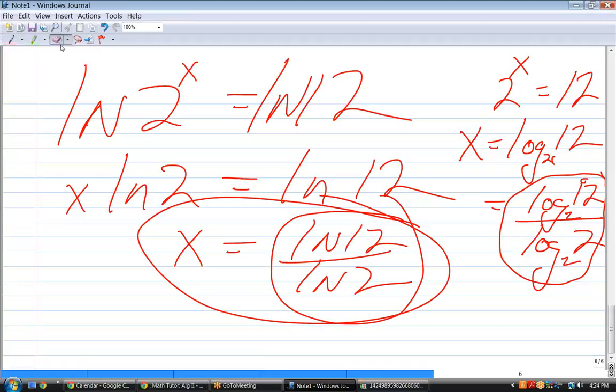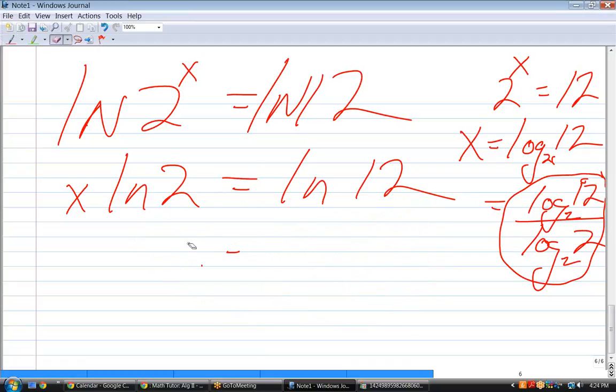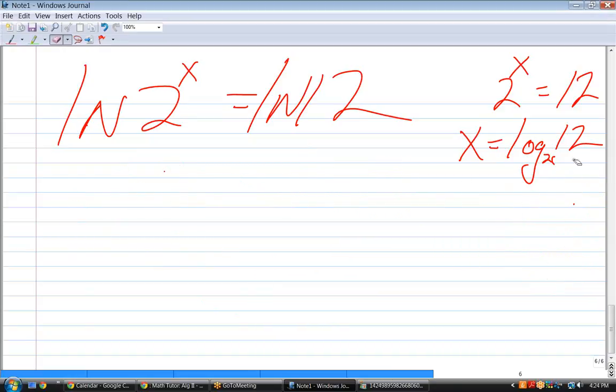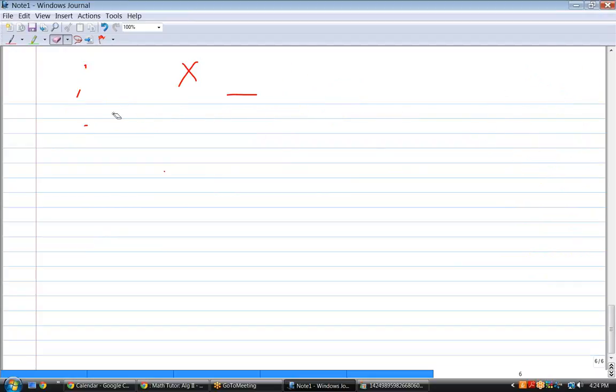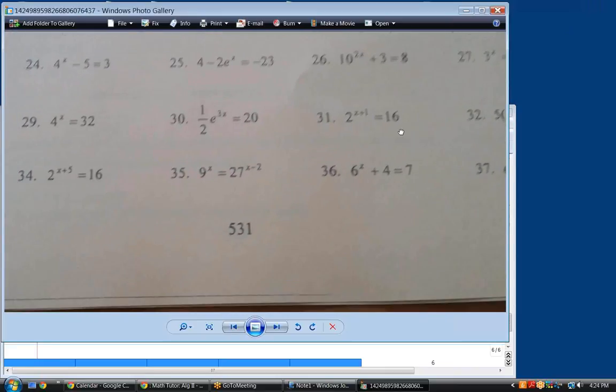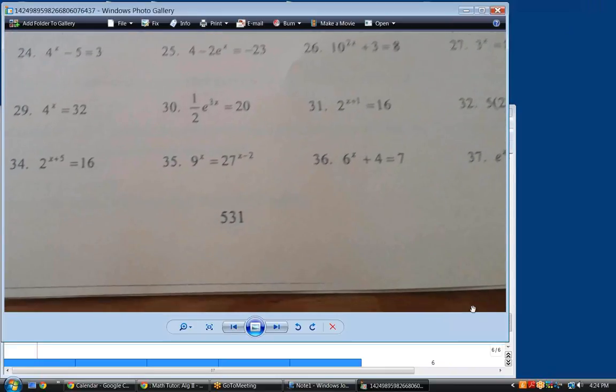Okay? So it doesn't really matter which technique you use. I'm not going to insist on one over the other. If you want to take log base 2 of that, that's perfectly fine, especially since you have the Inspire. If you didn't have the Inspire, then it wouldn't really be any faster.